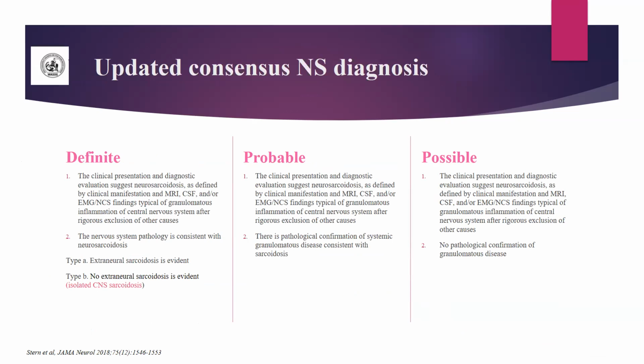It was divided as definite neurosarcoidosis when the clinical presentation and diagnostic evaluation suggest neurosarcoidosis, by clinical manifestation, MRI findings, spinal fluid, and depending on presentation may require EMG or nerve conduction studies, and there is nervous system pathology consistent with neurosarcoidosis.